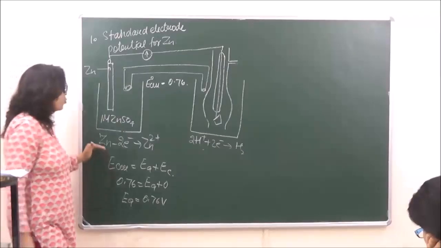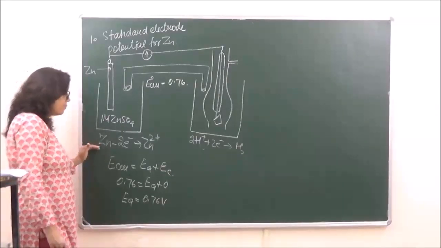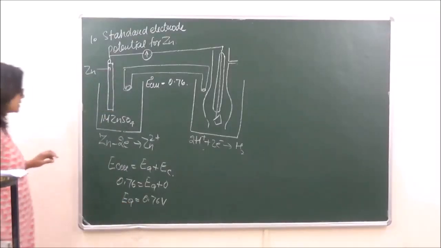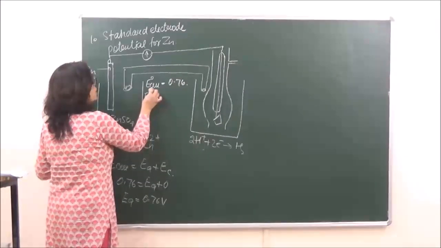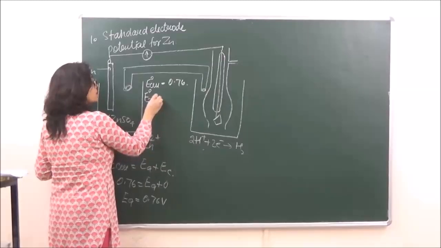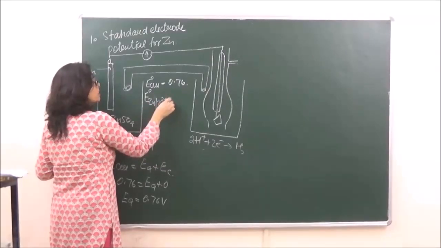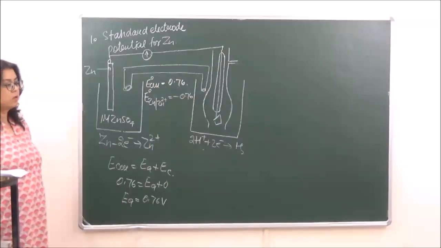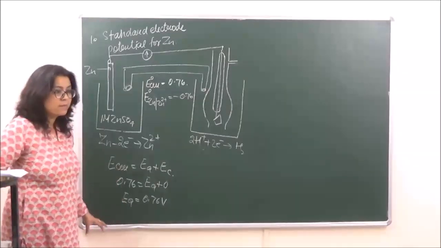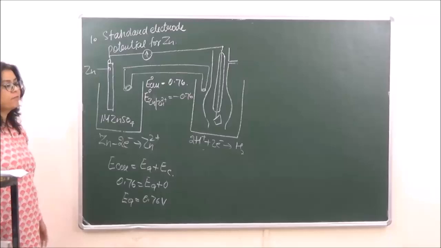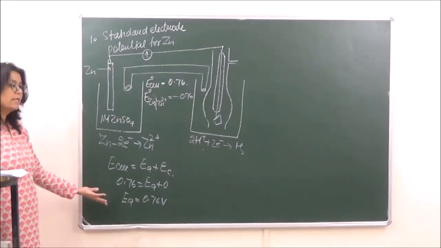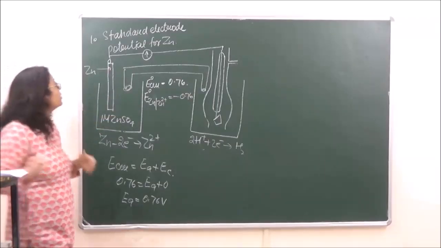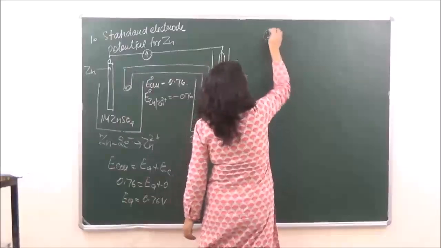But as oxidation is taking place at the anode, the value should come negative. So it is said that the value of E naught Zn/Zn2 positive is minus 0.76. Okay, so whenever oxidation takes place, the value of potential difference or E naught will come negative.